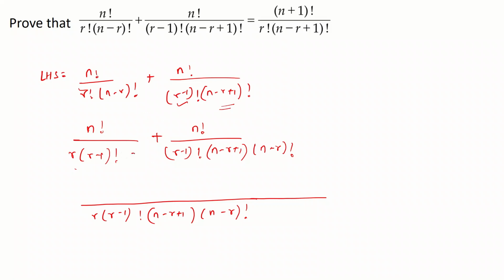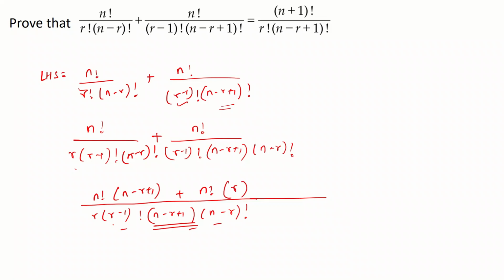So n minus r factorial, and now what we have got in the first expression is n factorial times n minus r plus 1, because all the 3 remaining terms are there except for this term, and plus n factorial times we have r minus 1 factorial, and these 2 terms are here. We are left with just r.